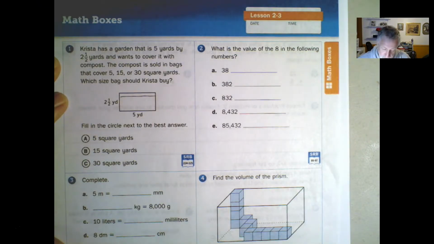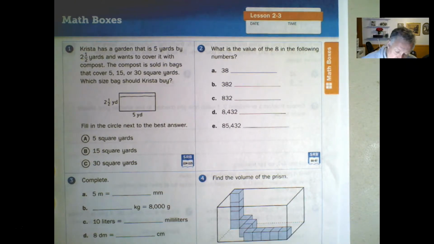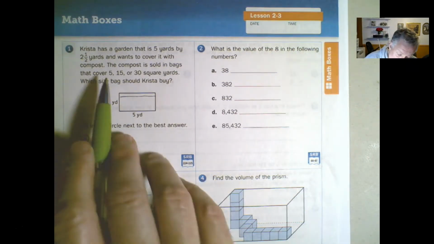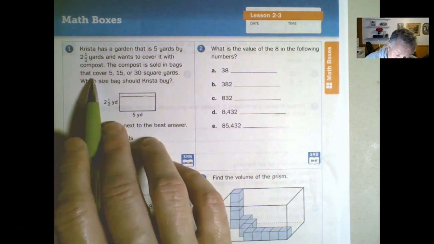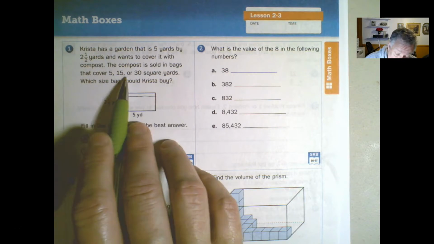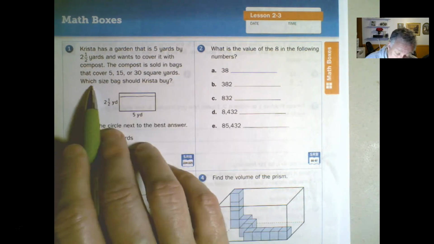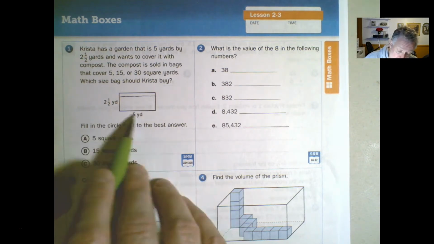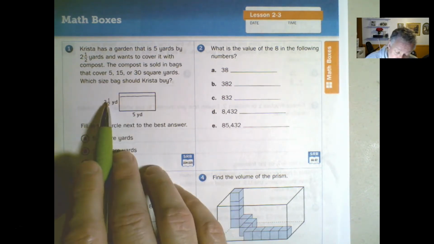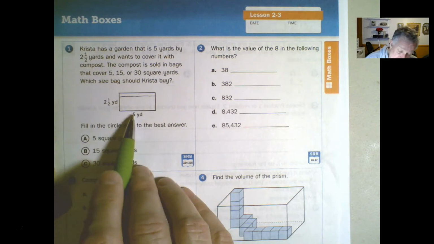Page number 47, problem number 1. Krista has a garden that is 5 yards by 2.5 yards and wants to cover it with compost. The compost is sold in bags that cover 5, 15, or 30 square yards. Which size bag should Krista buy? So basically I'm looking for the area of a garden that is 2.5 by 5.